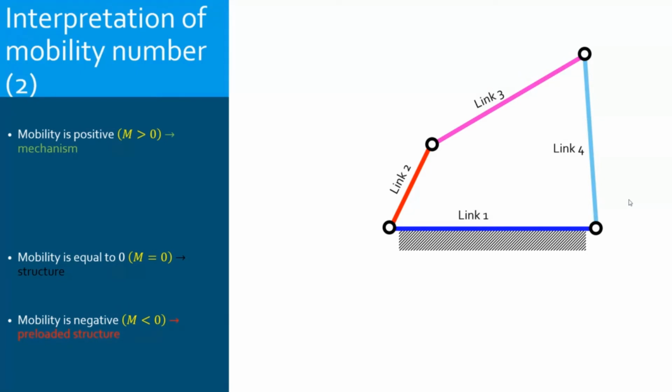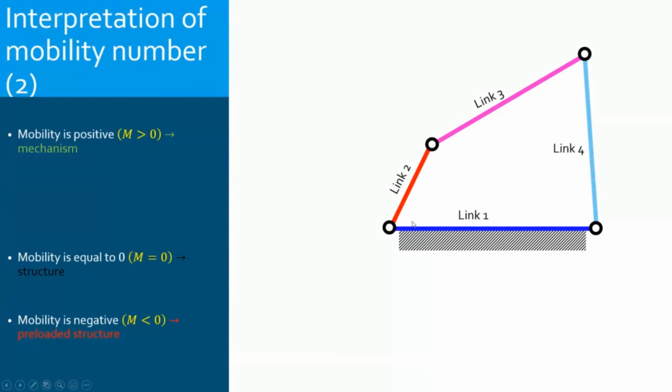For example, this parameter is the angle of rotation of link 2. If I know this angle, it's fine. Or also, if I know link 4, this can describe the motion of the mechanism.